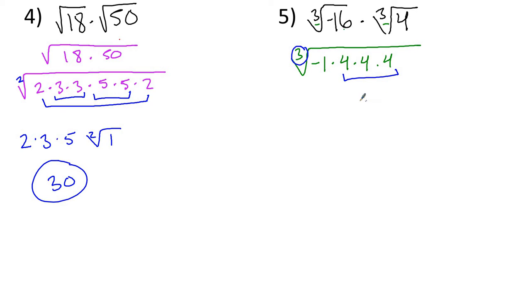You can look for easier options. You don't always have to break down to the smallest thing. You can take some shortcuts. So we can take out the 4. Hopefully you remember the odd root of a negative is just negative 1, and then nothing underneath the radical. We took it all out. So our answer here is just negative 4.